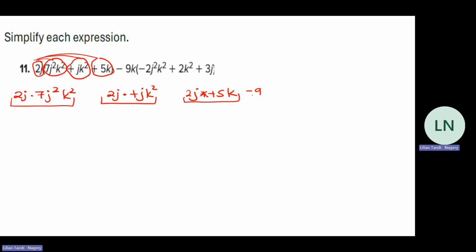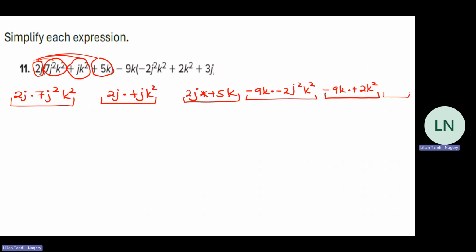Okay. Negative 9k multiplied by negative 2j squared k squared. Then negative 9k multiply positive 2k squared.